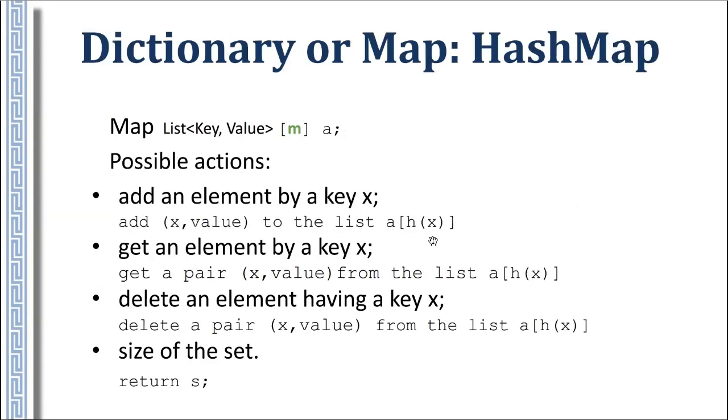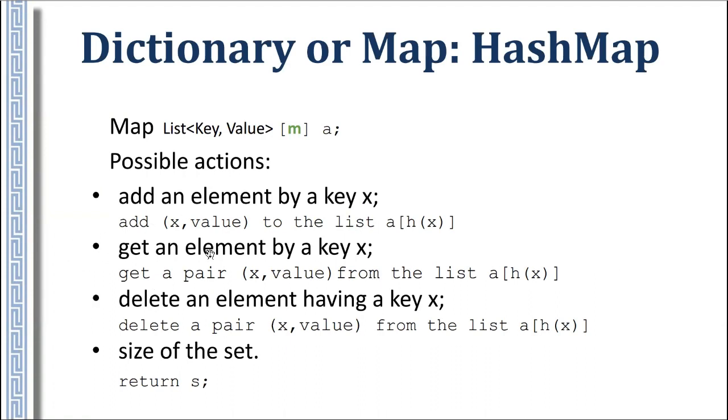Okay. And how we implement it, we just have an array where each element is a list with key-value pairs. And when we add, we find this pair by key x and update the value if it exists. If not, we just add this pair.